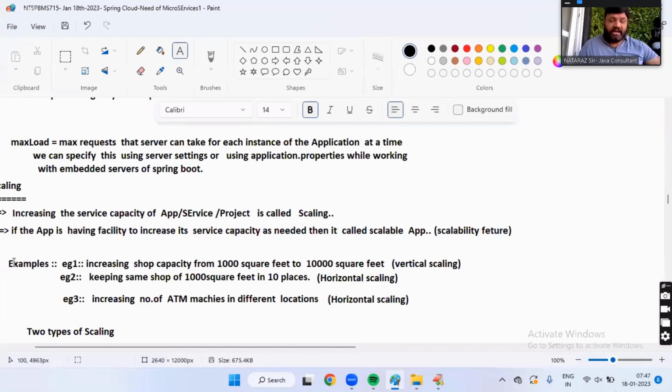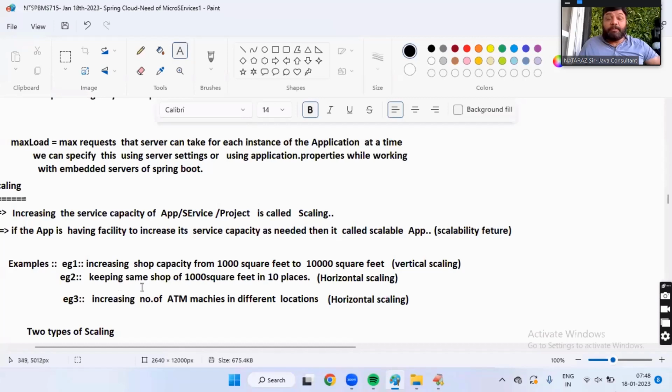Super, guys. Example one: increasing the shop capacity from 1,000 square feet to 10,000 square feet. This is called vertical scaling. Within the shop, you are increasing the size. Earlier you were able to sell 10 products, now you are able to sell 100 products.